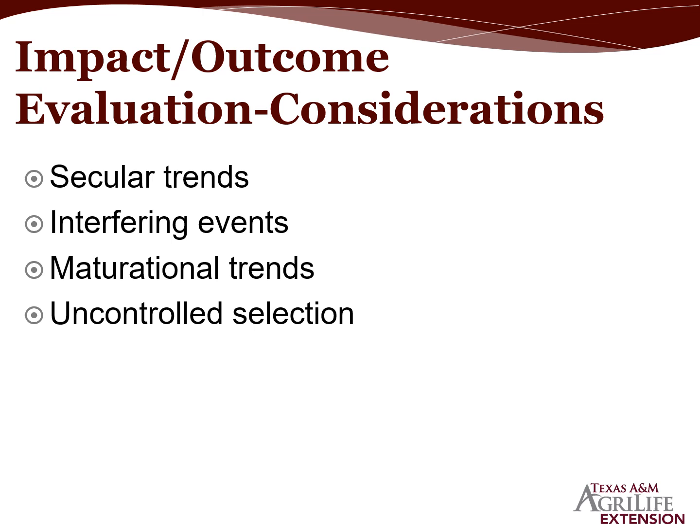Okay, something that really changed. COVID had a huge impact, is a secular trend and really changes the way that people interact. That's also an interfering event. Okay, so those two kind of go together, but they're things that happen in society, in a community, maybe nationwide, that could have an impact on our ability to deliver or the effectiveness of an educational program.